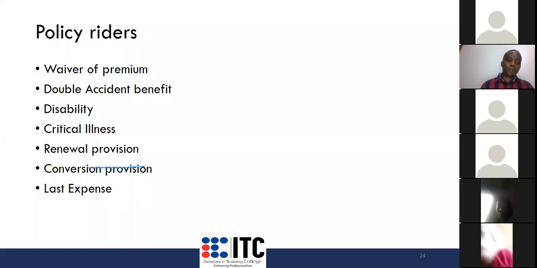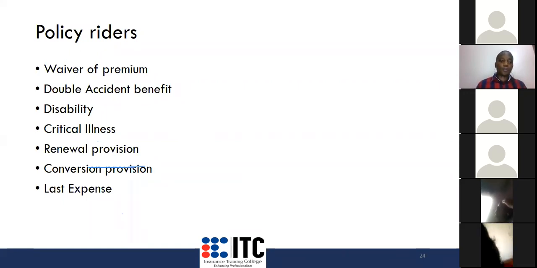If, for example, the person is in stage 4 cancer, that would be termed as either critical or even dread disease or terminal illness. So this particular rider, in most cases, may act as what we call an accelerated benefit, where you get a percentage of the sum assured, or it can be a standalone rider where it pays out the full sum assured and still pays out on death.